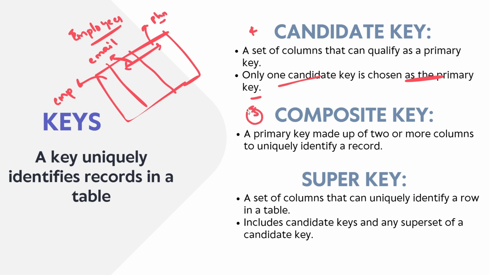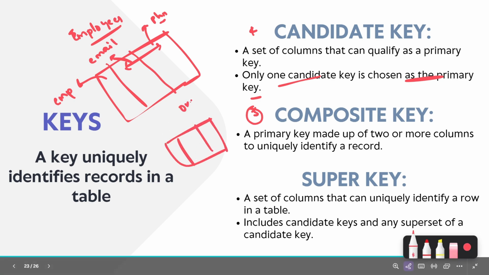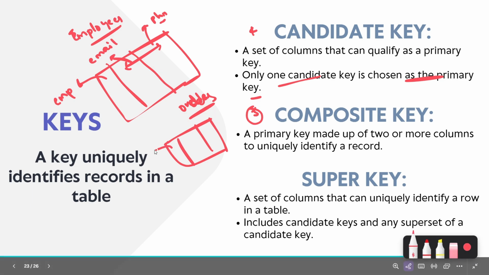So, for example, let's say I have a table called orders. When we go to a cafe, we order, right? So, let's say I have a table called orders, and here there are going to be three columns. One is going to be order ID, the second one is going to be product ID, and the third one is going to be amount.